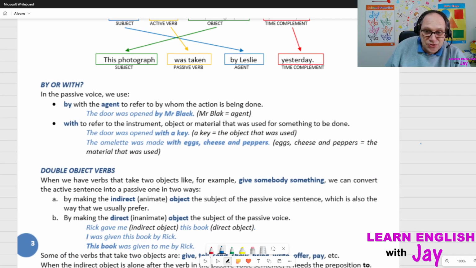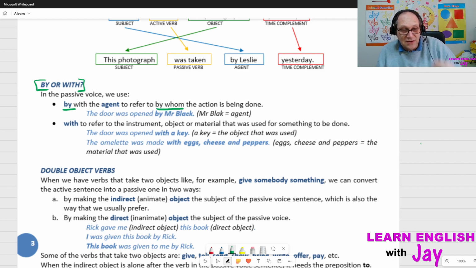Now, there are two things that we could use. We've got either by or we've got with. Quite simply, if we use by with the agent, it is normally a person. By whom? It refers to who did the action. So it can be a person, by Mr. Black, John, him, her, they, them, whatever.